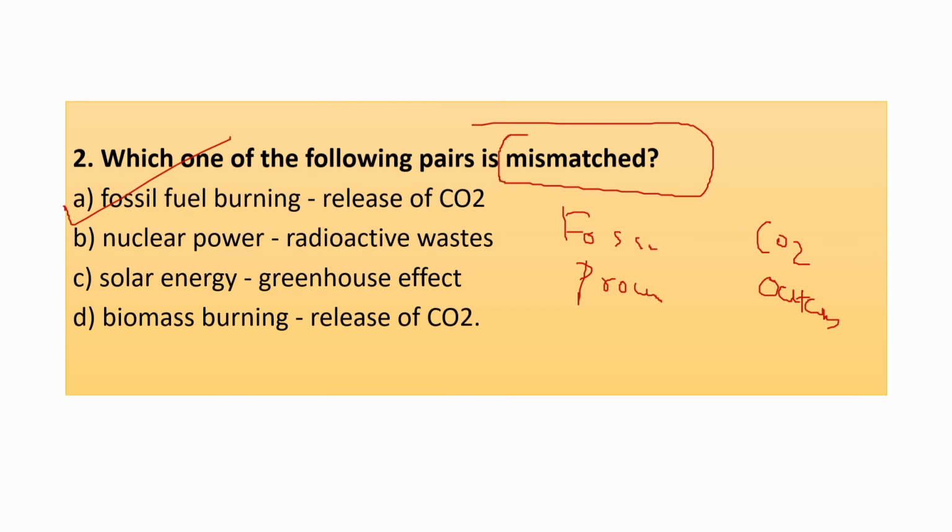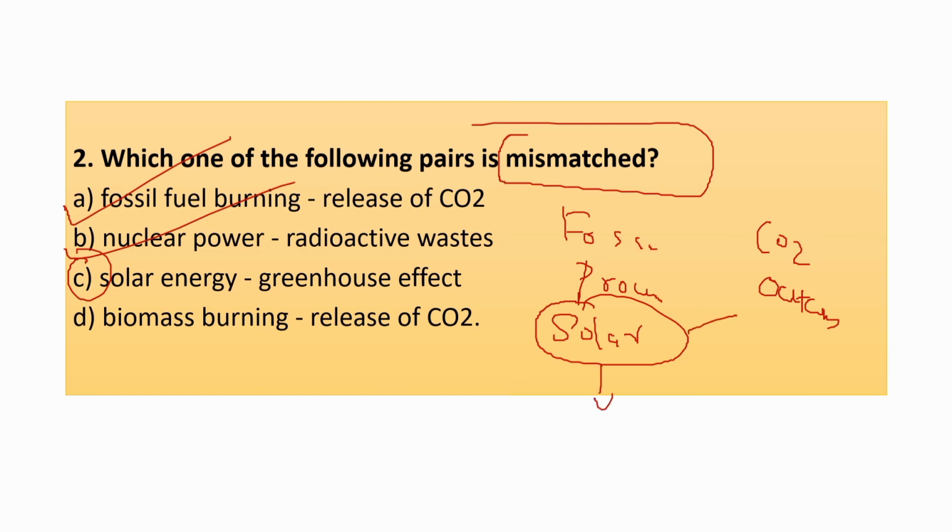Nuclear power: yes, there is nuclear power production and radioactive waste is an outcome. It is also correct. Now solar energy, greenhouse effect. So it is a tricky option. Everybody will think that it is because of solar energy that global warming is increasing and the greenhouse effect is occurring. Actually, it is not the right reason. Solar energy has been on the earth from historical times onwards.